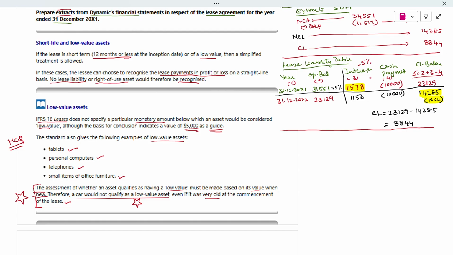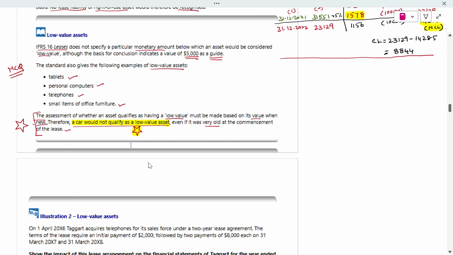Sometimes you take a car for 5 days, sometimes for 1 month, 2 months, 5 months. If it is 5 months, you cannot treat it as low value. Exceptionally, they are making it very clear. They are only talking about the car as not qualifying as a low value asset. Are you clear about this?